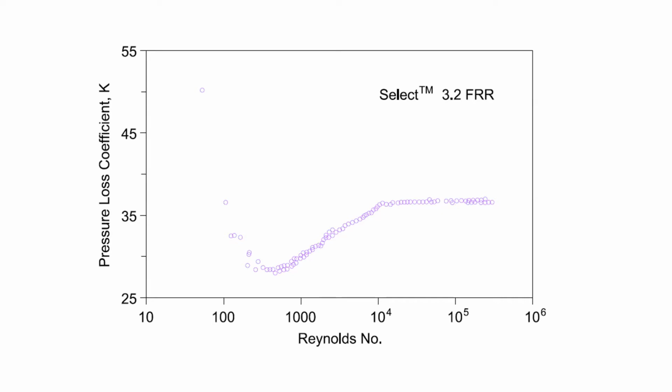The ups and downs, and the pressure coefficient of 35 at this location, would be different at different restrictions, but the general shape is consistent. As you see, at this small Reynolds number we have a high pressure loss coefficient, then a drop, and then we start building up and reach a steady state.